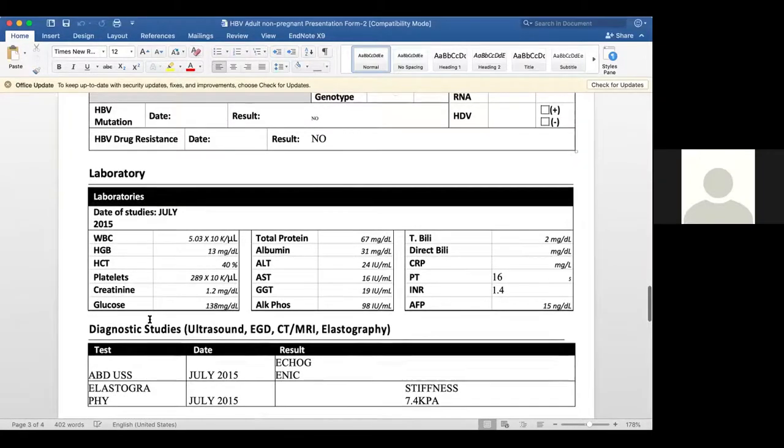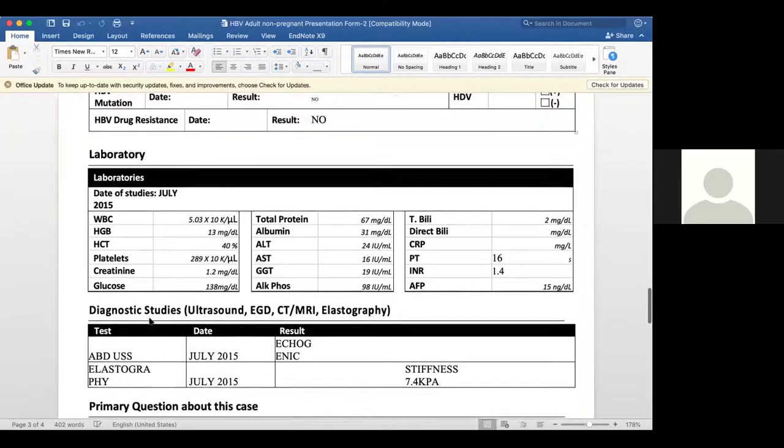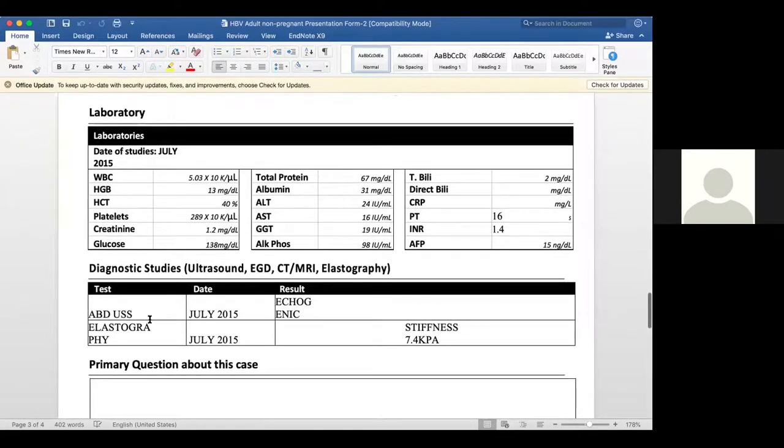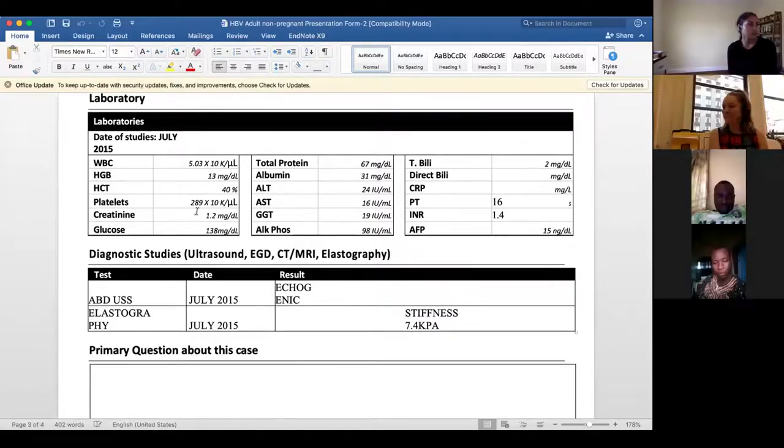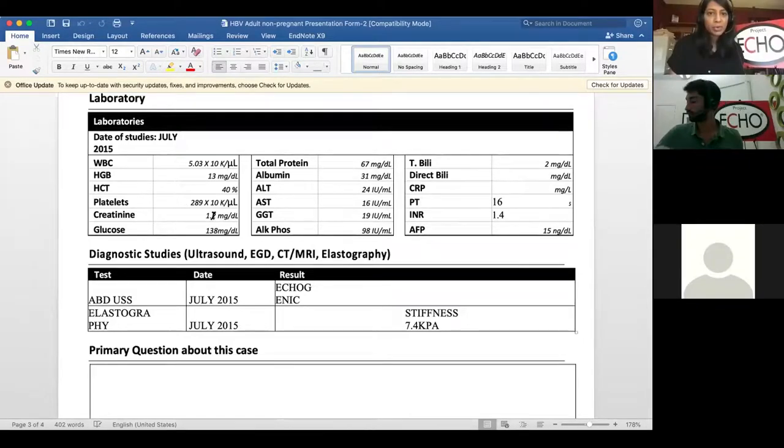All right, so we also have some additional tests that include the liver panel test, as well as a complete blood count. So it looks like they have a normal white count, hemoglobin's 13, platelets are normal. And why are platelets important? We talked a little bit about last week. Start thinking about that. We'll come back to it in a second. So normal level of platelets, creatinine looks normal as well.